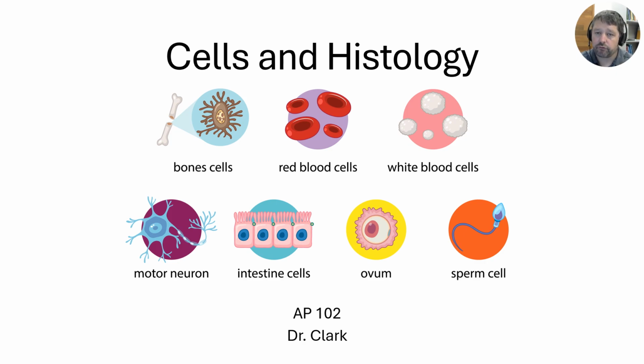This was discovered a long time ago by an individual named Robert Hooke. He developed the microscope and was the individual to coin the term cells. We'll talk a little more about the history. But cells build tissue, and then tissue builds organs or larger structures.